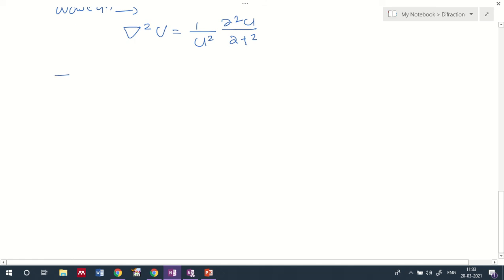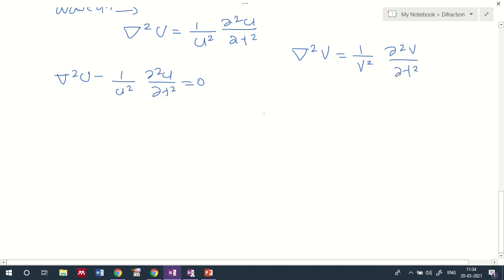This can also be represented as del square u minus 1 by u square dou square u by dou t square. I think now it will be more clear how we represented this equation. And similarly, we get del square v is equal to 1 by v square dou square v by dou t square as the equation corresponding to the second wave function.